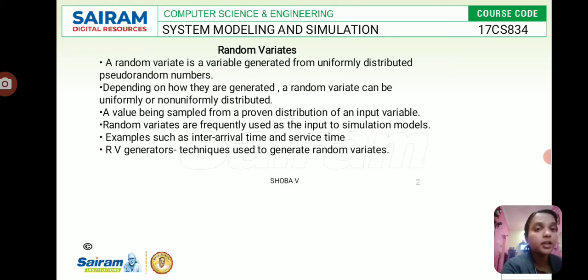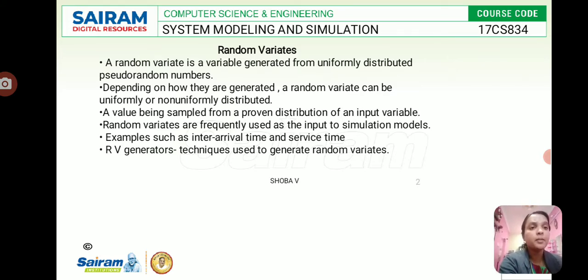Depending on how they are generated, a random variate can be uniformly or non-uniformly distributed. These random numbers should be replicable, and most important, the generated random numbers should closely approximate the ideal statistical properties of uniformity and independence. By using these random variates, we are going to test for uniformity and independence.